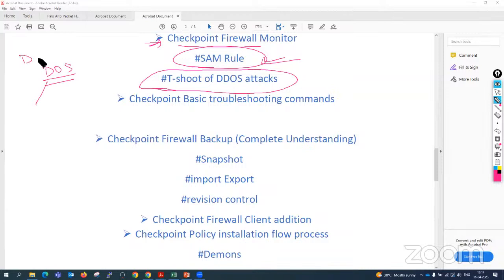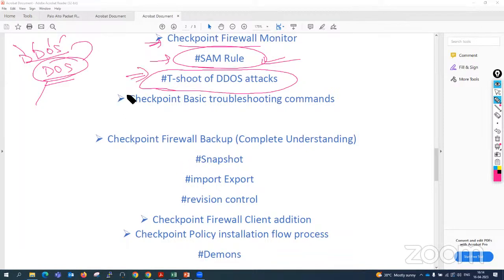And DoS is denial of service. So in case you have any of these attacks in your network, you can take the help of this SAM rule. This SAM rule will help you to understand the attack, and it will help you to mitigate the attack. We'll see how you can do that, and it's very, very easy.